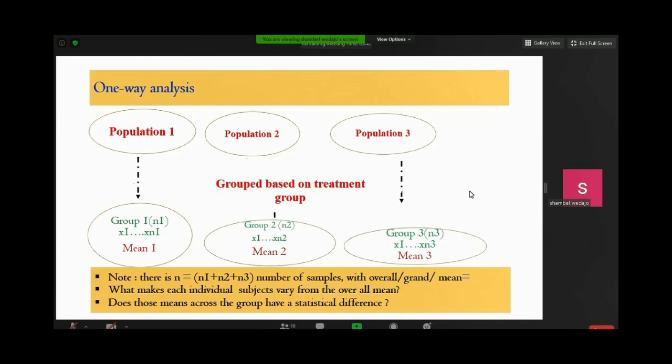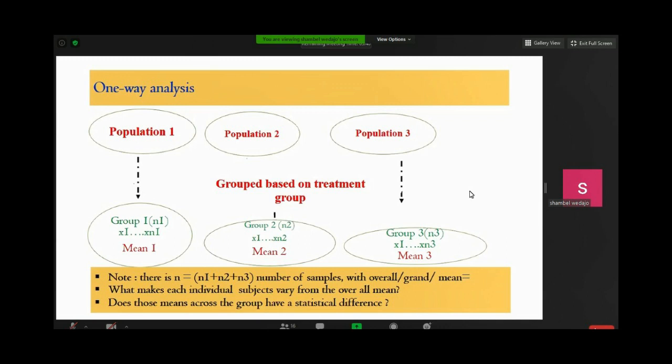And the overall grand mean will be: you add each individual starting from X1 to the final in group 3 and divide by the total sample size, N. Grand mean means that regardless of their groups, regardless of their treatment group, what will be the overall mean of population 1, population 2, and population 3 in common.